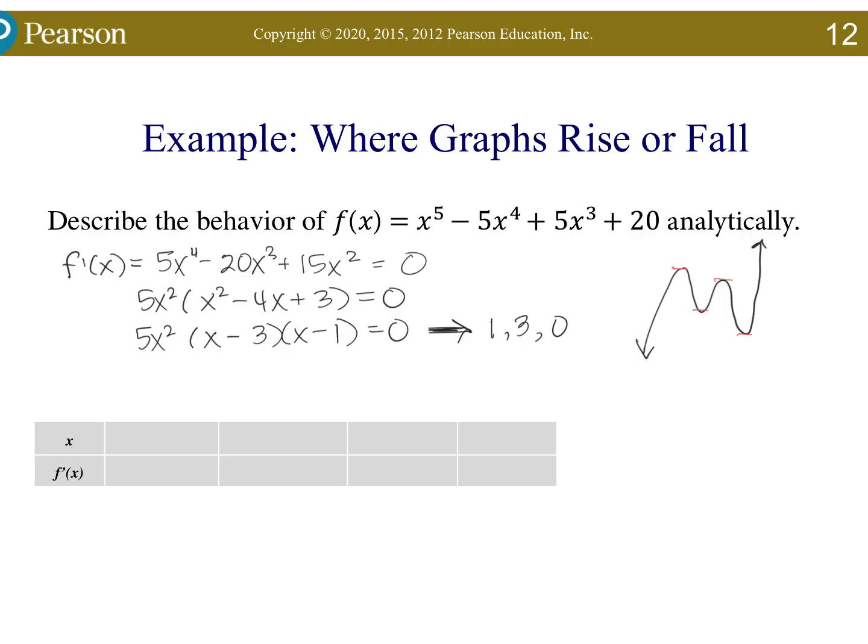So then I'm going to set up my chart. I'm going to have x less than 0, the lowest one, then between 0 and 1, then between 1 and 3, and then greater than 3. I thought maybe I was going to have 4 horizontal tangents.